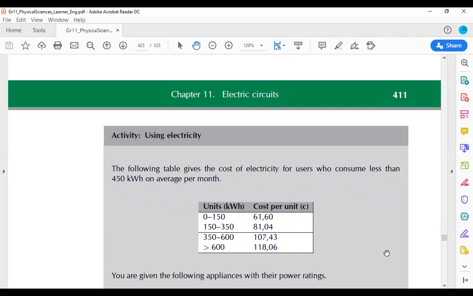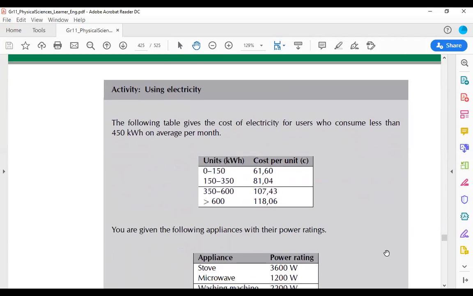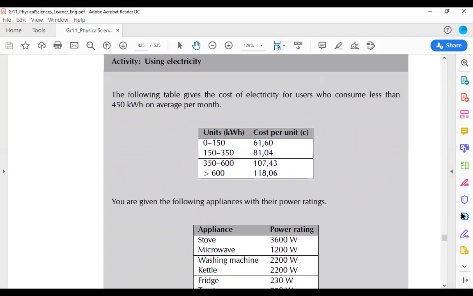The following table gives the cost of electricity for users who consume less than 450 kilowatts on average per month. So these are the units that are given, right? 0 to 150, this will be the cost. 150 to 350, this will be the cost. And if you use more, 350 to 600, it is this.